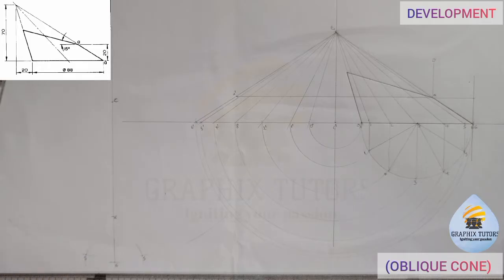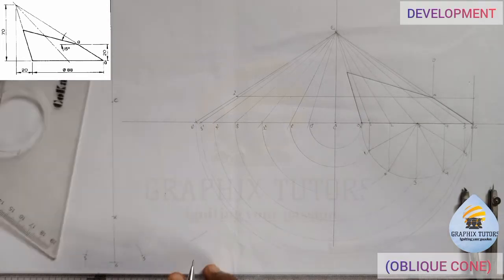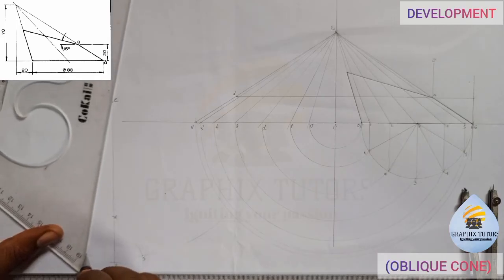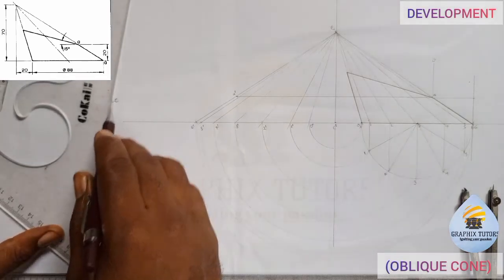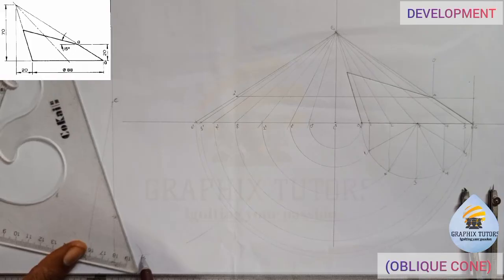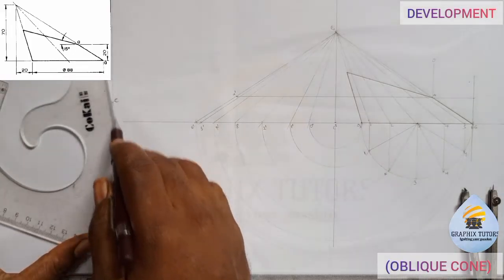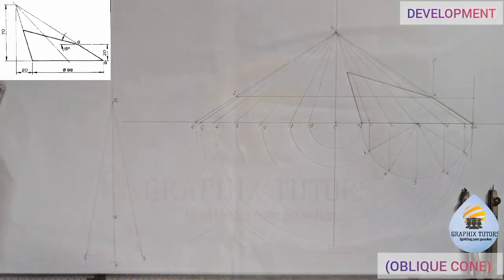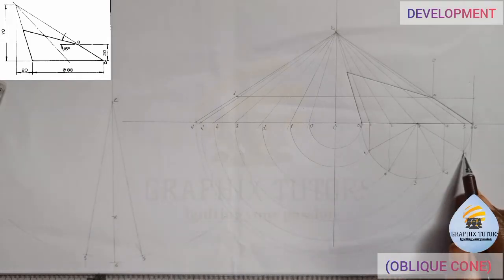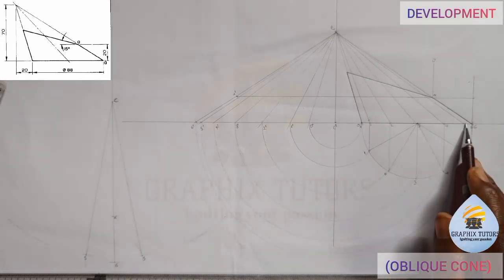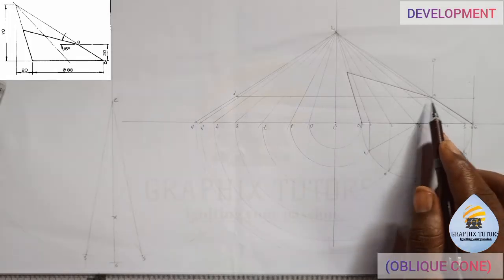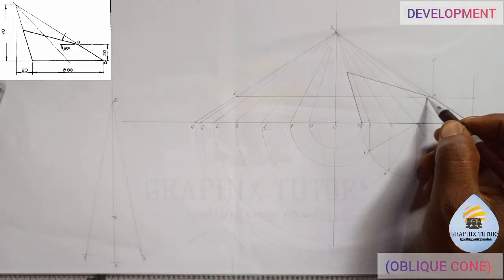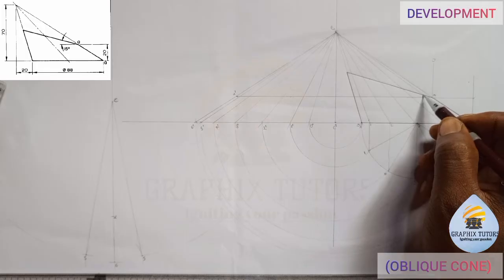Before that, to make our work easier, I'll come to that point C. I'll draw a line that will come from C and touch here. I'll draw down from C that will touch here. Now, 0.5. Now I'm going to trace this 0.5 here. It's meeting here and it's coming towards this point. So here is 0.5 on that inclined line here.